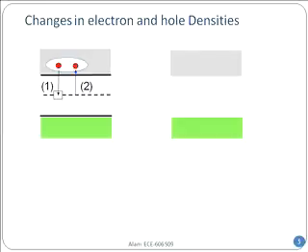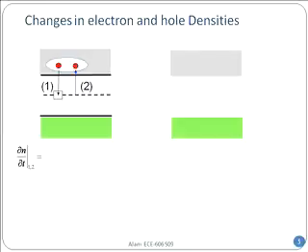Starting from the previous picture, it doesn't even know the valence band exists, right? Because the valence band only talks through the trap. So when I'm thinking about how many electrons are getting in and out of the conduction band, I just need to think about the trap, and that's it.